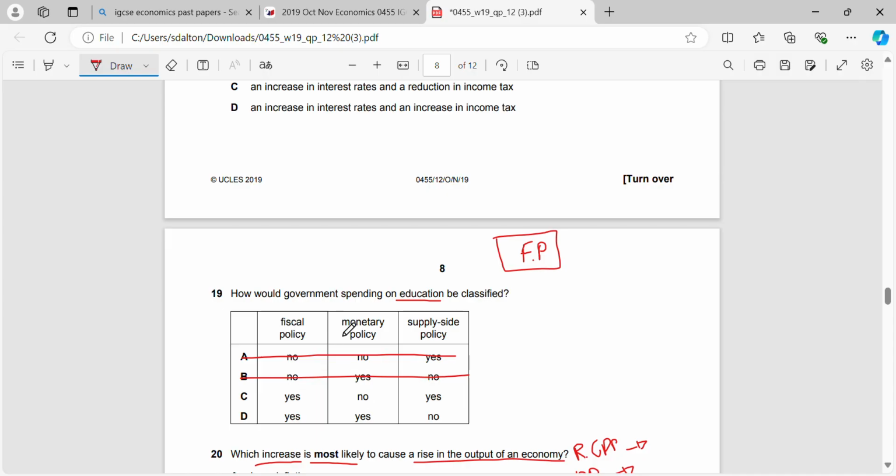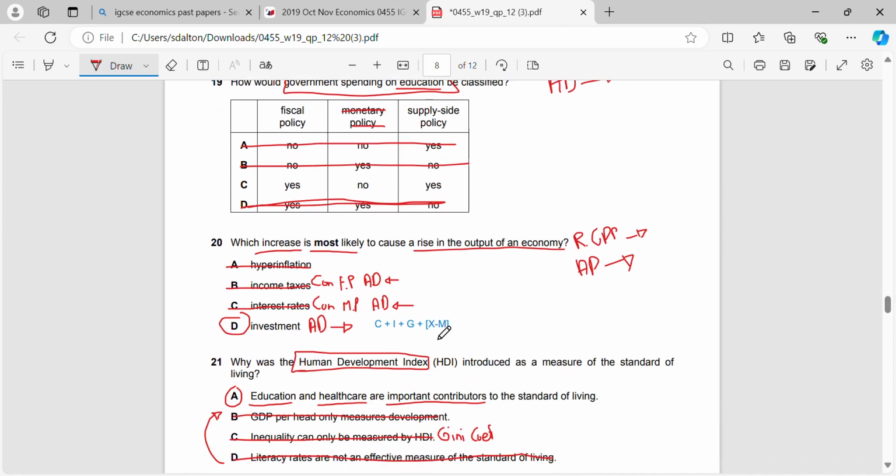It's not a monetary policy, and it is a supply side policy, because over time the spending on education, what's the effect of that? So we just talked about what the components of AD are down below, right? So it's going to increase this government spending component, which will move AD to the right.